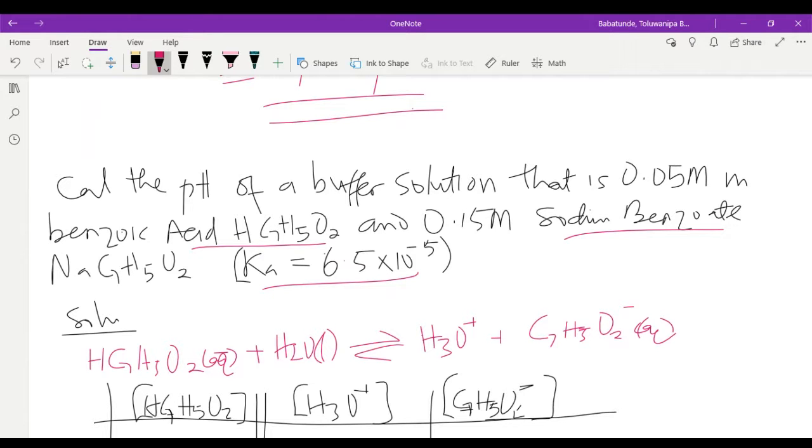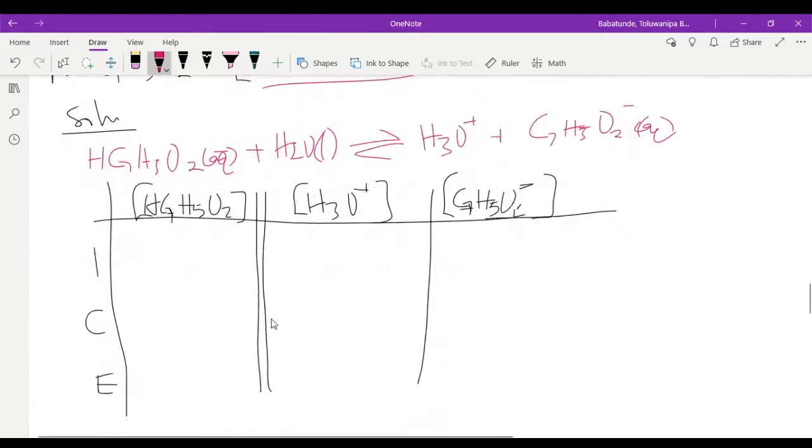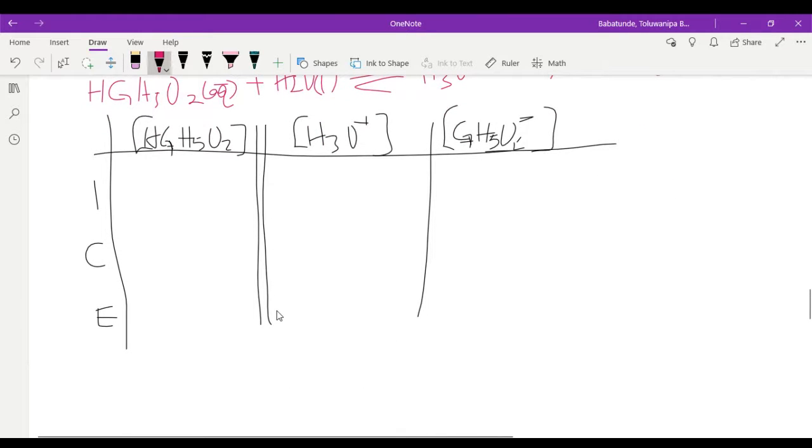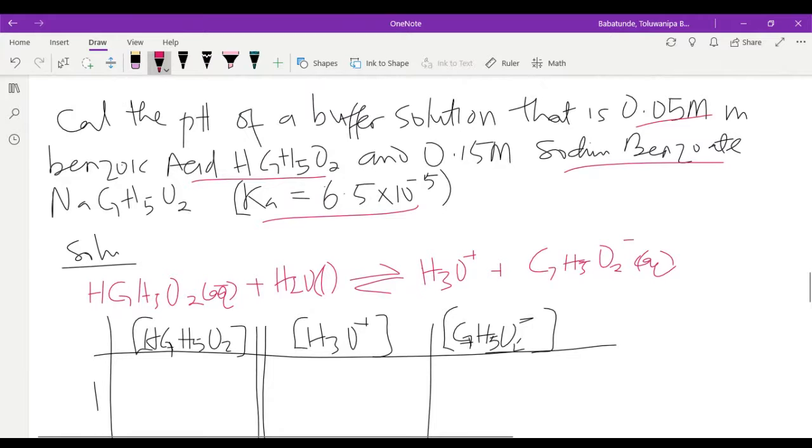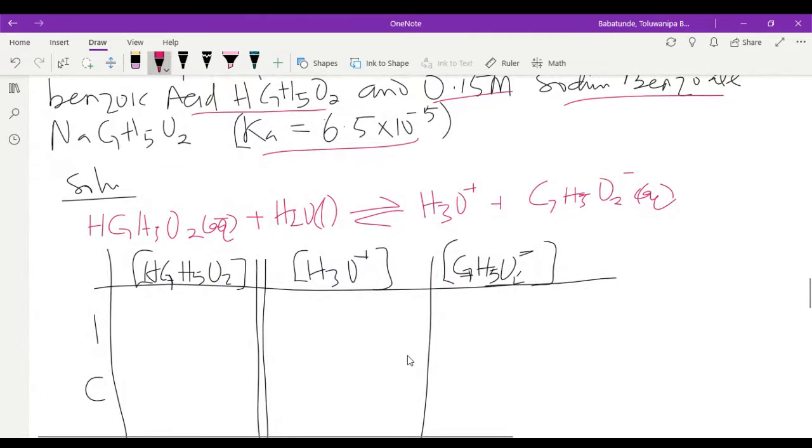And we set up our ICE table this way. And of course, we fill it with the initial concentrations. So from the problem, we know that we have 0.05 and 0.15. So initially, we're going to have 0.05, and this is 0, and this is going to be 0.150.